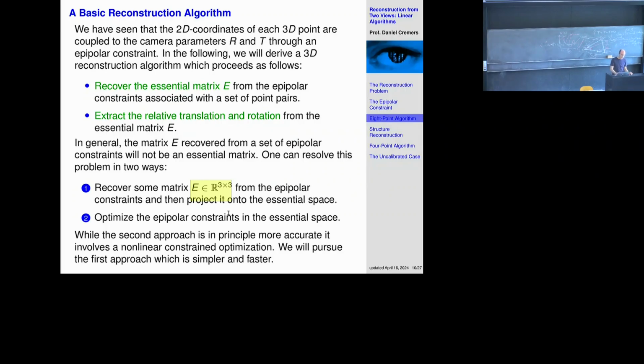The other solution would be to impose in the optimization that E should be an essential matrix. Both approaches have strengths and drawbacks.